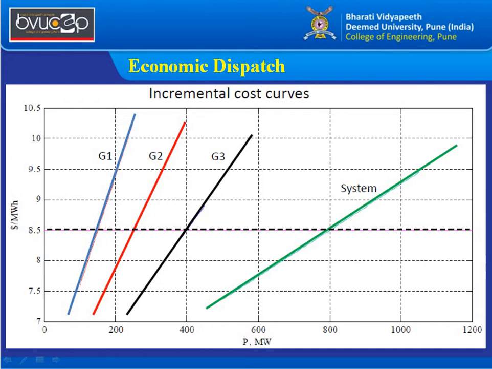So this is the incremental cost for the three generators G1, G2, G3 and the overall system. This graph will help us understand in an easy way how to do the analysis for the three generators and the overall system.